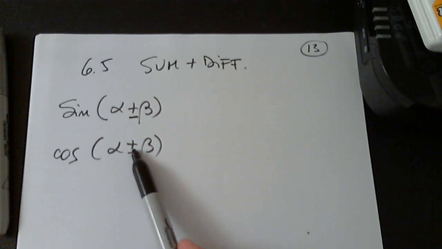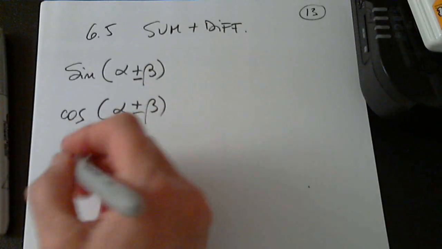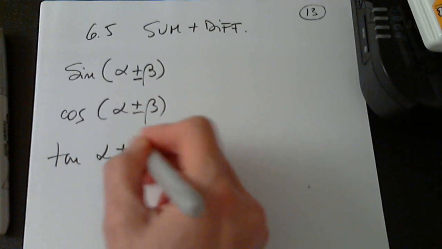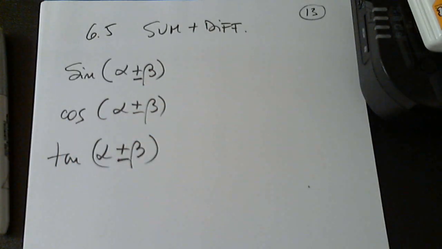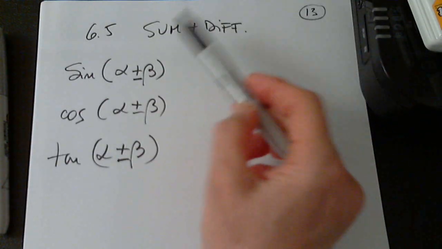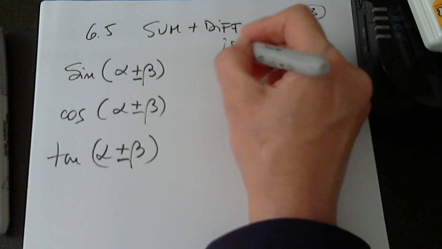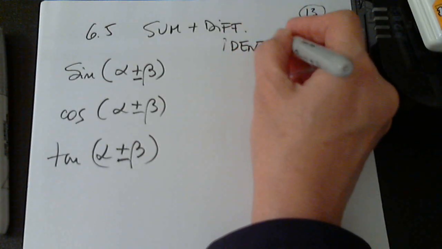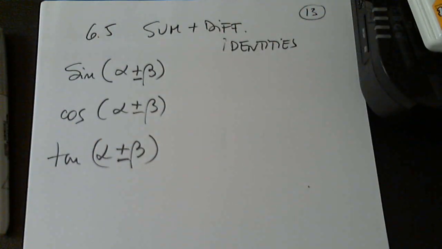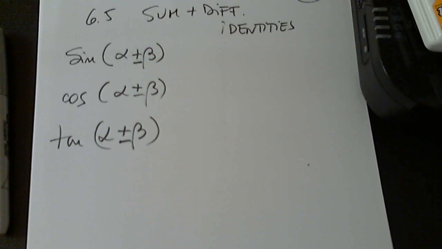A cosine of a sum and cosine of a difference. Tangent of a sum or a difference. These are the identities called sum or difference identities. And formulas are very different for all these.